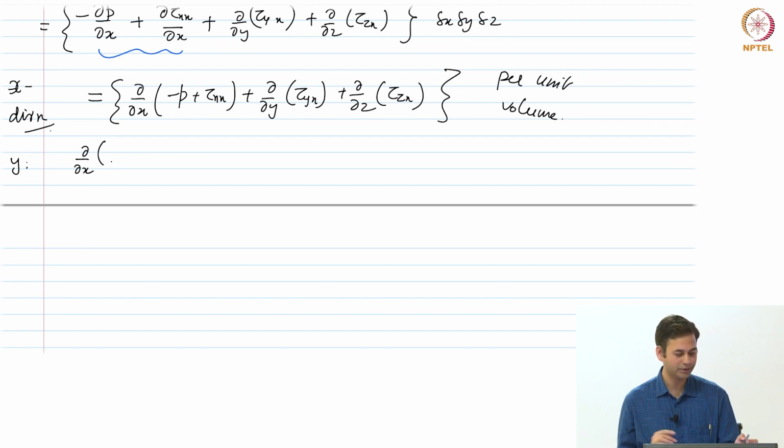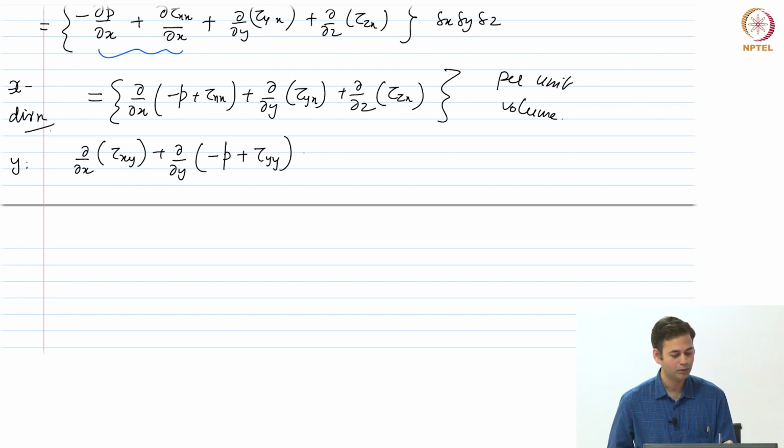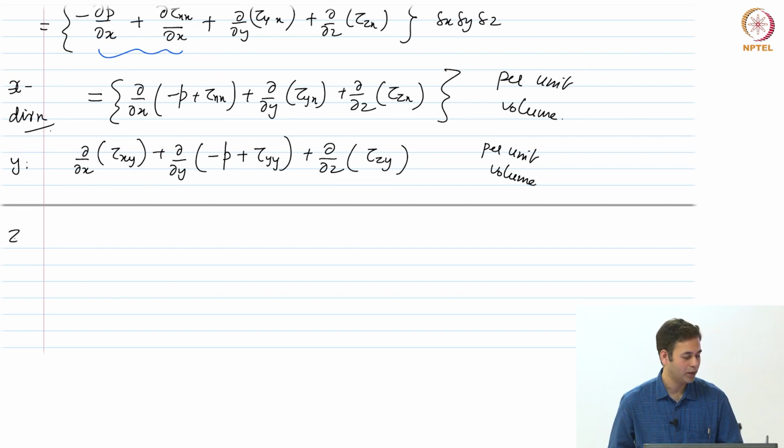So, this will be partial x tau xy plus partial y of minus p, similar to the previous one, plus tau yy, plus partial z tau zy. This is again per unit volume, the force that is acting on the fluid element in the y direction. Now, what about the z direction?